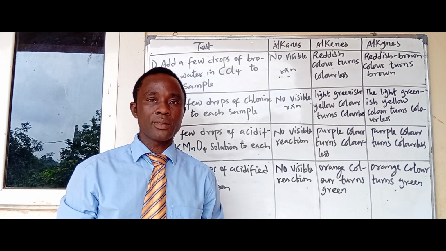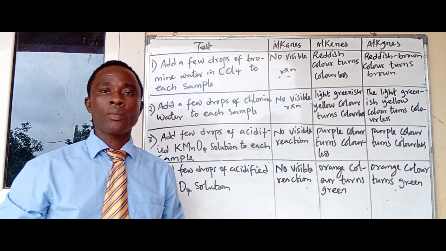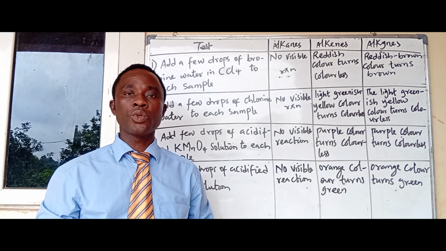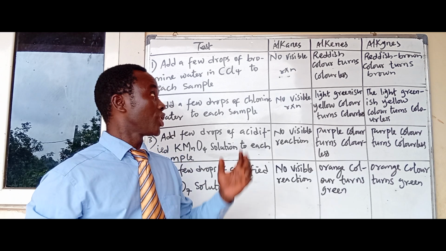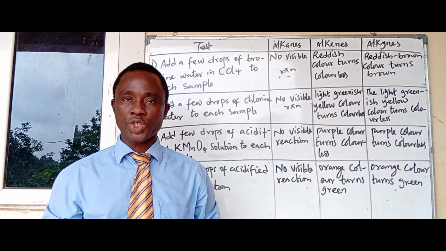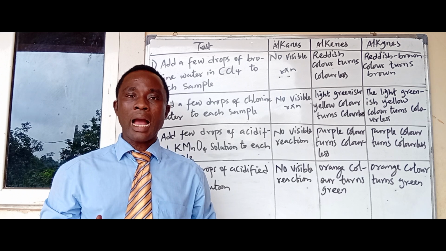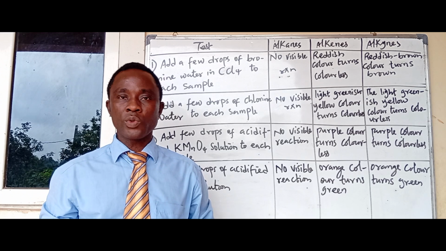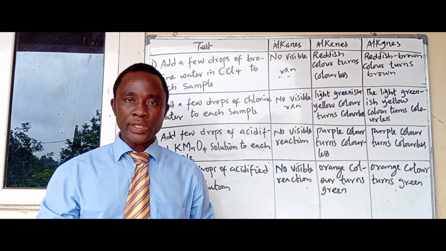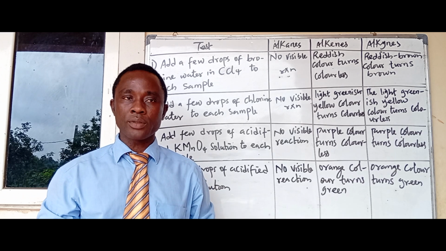I'm Dr. Kingsley. In my class today, I want to teach you how we can differentiate between saturation and unsaturation. That is to say, how can we differentiate between saturated compounds and unsaturated compounds? Saturated compounds have sigma bonds.